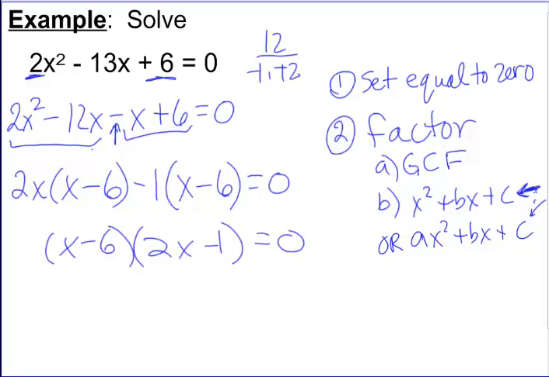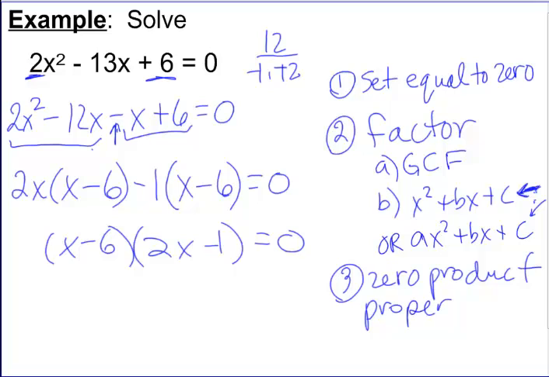Once you get it factored, zero product property. Okay, zero product property, you just separate the two parts. So I get x minus 6 equals 0, and 2x minus 1 equals 0, and then solve.